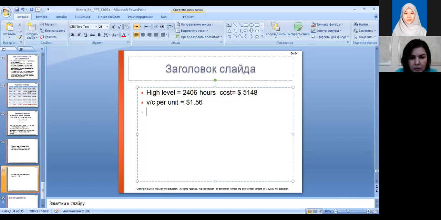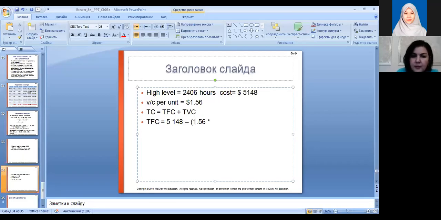So let's now substitute. We know that total cost equals total fixed cost plus variable cost multiplied by the activity level, which is 2,406. If I calculate this, the total fixed cost equals 1,394.64.